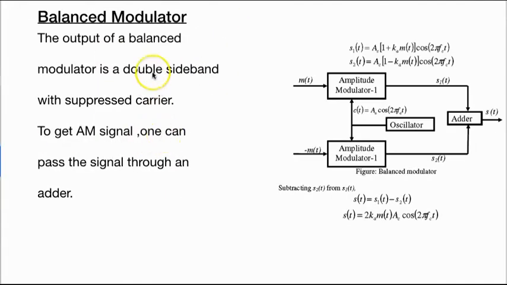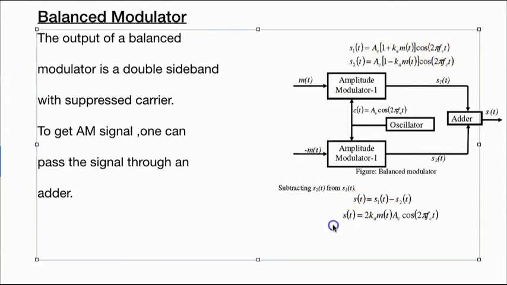Okay, now the balance modulator. Balance modulator is a simple modulator where you can see it consists of 2 modulators and an adder. In the first modulator, you are getting S1(t) equals AC 1 plus K mt cos omega 2 pi FCT.